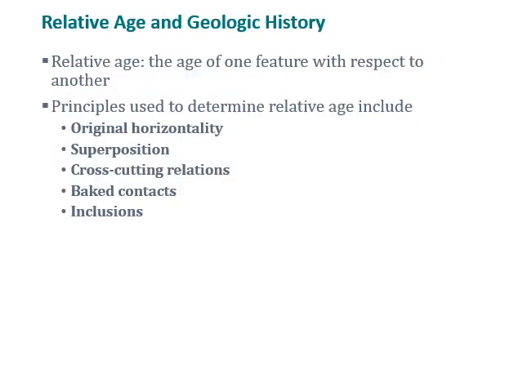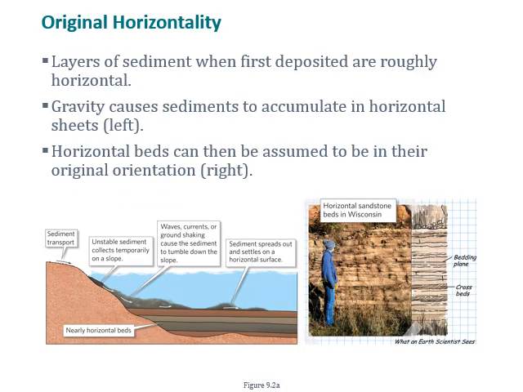So these principles used to determine relative ages include original horizontality, superposition, cross-cutting relationships, baked contacts, and inclusions, and we'll go through each one separately. The principle of original horizontality tells us that layers of sediment, when they're first deposited, are roughly horizontal.